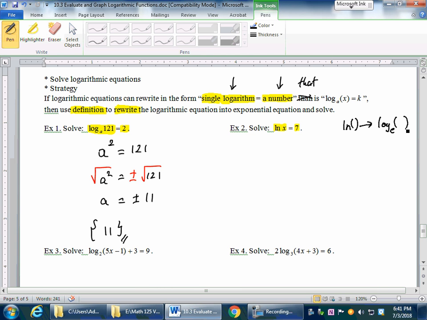So now I can rewrite it as e to the 7th power is equal to x. And I don't even need to solve for it. It's already done. You may use a calculator to approximate the answer, or this will be the exact value. So my answer will be e to the 7th power. If you use a calculator, then it will be approximately a certain number.